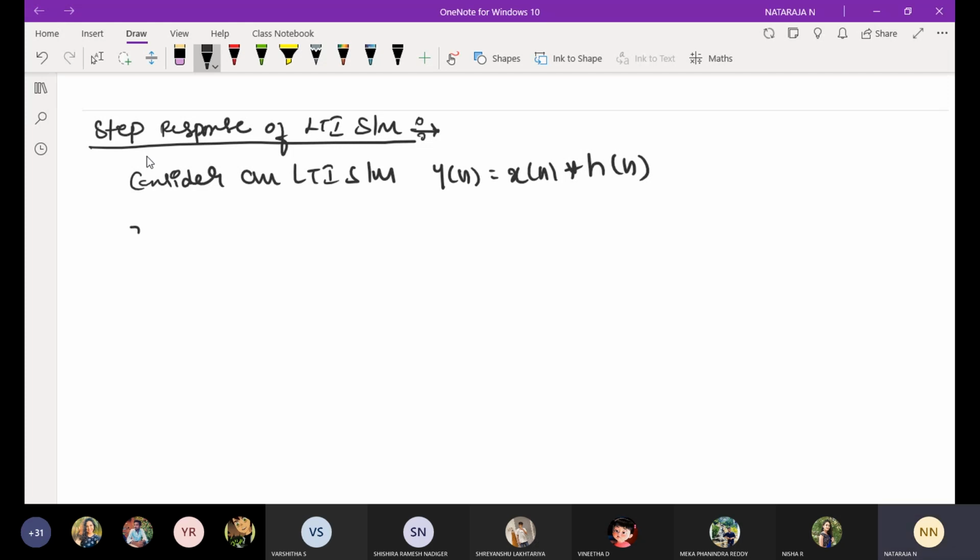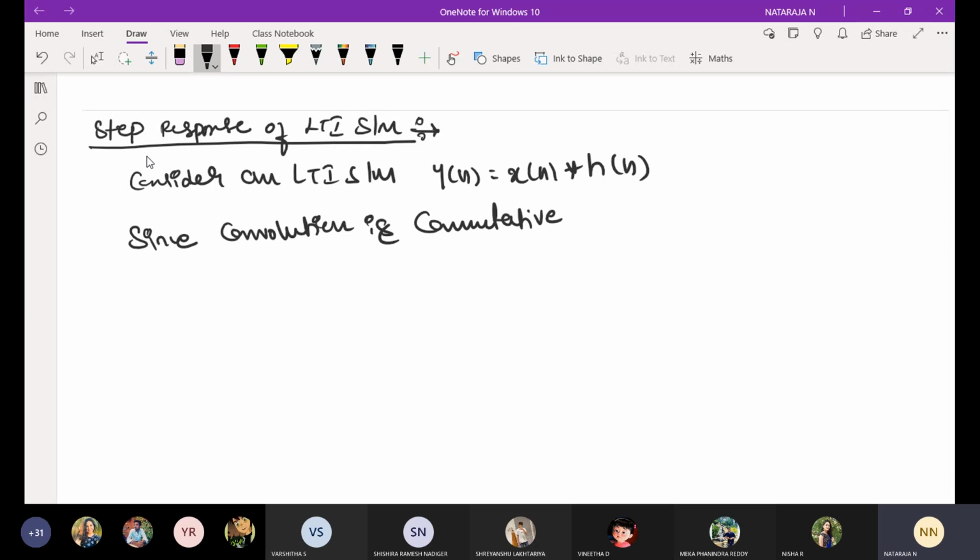Since we know that convolution is commutative, we have both convolution sum as well as convolution integral.